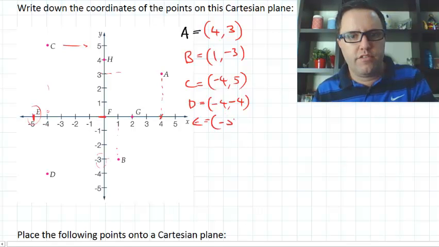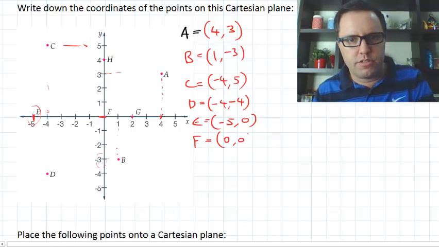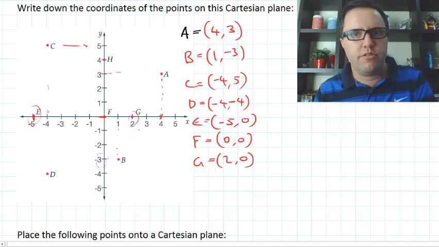So we've got negative 5 comma 0. F is right in the center, so it's 0 comma 0. G is over here, so it's 2, and its y value is 0, so 2 comma 0. H is all the way up here, so it's on the y-axis, so its x value is 0, so H is 0 comma 4.